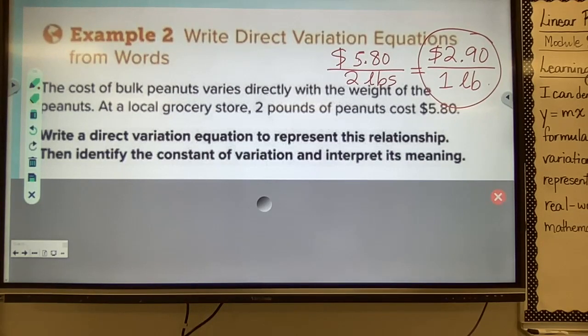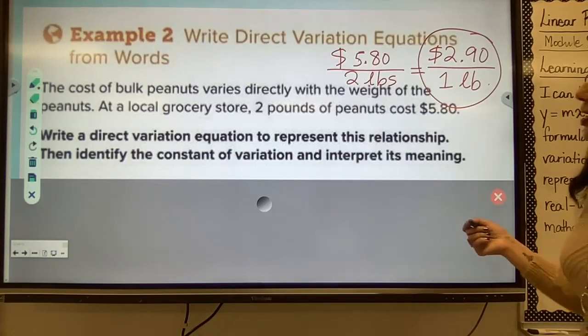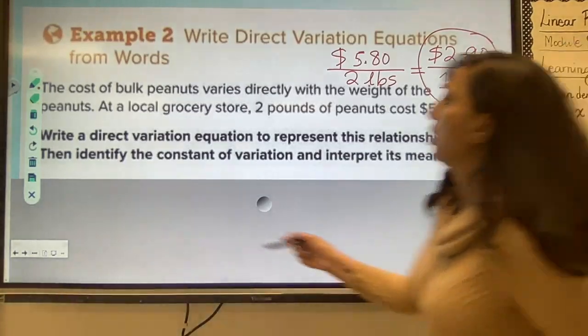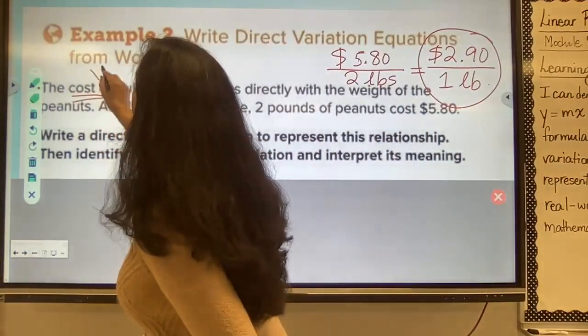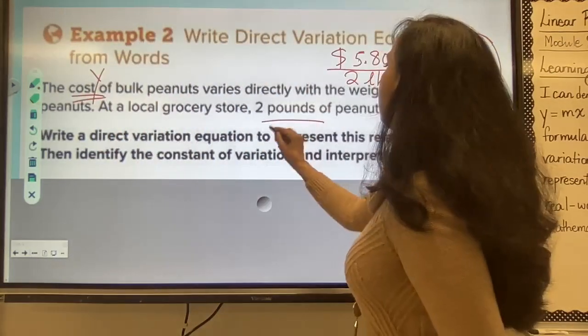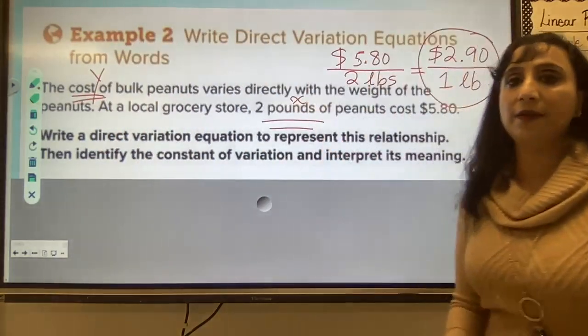Now we're going to write the equation using the unit rate. So again, let y represent the cost of the peanuts and x represent the weight of the peanuts. So cost is going to be y and the weight is going to be x.